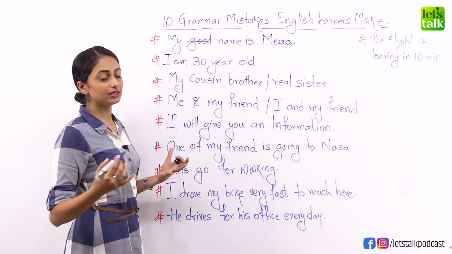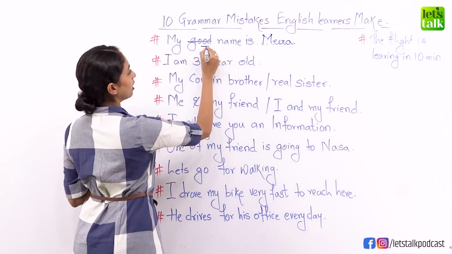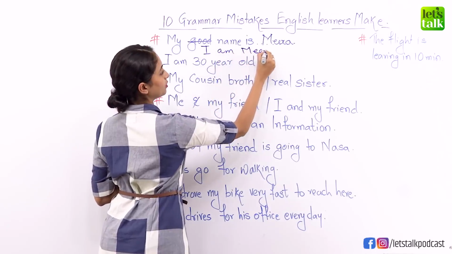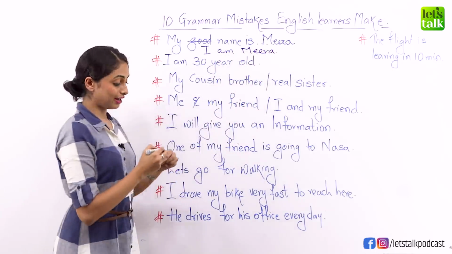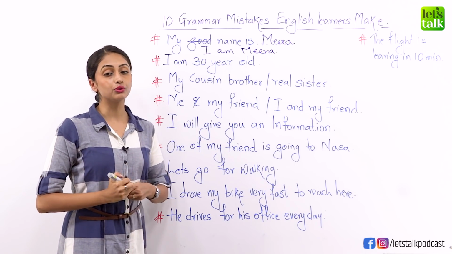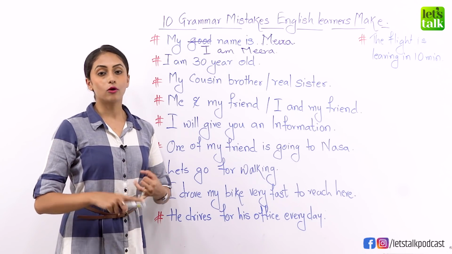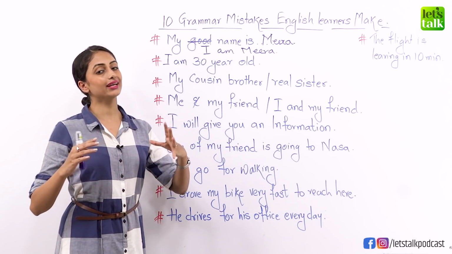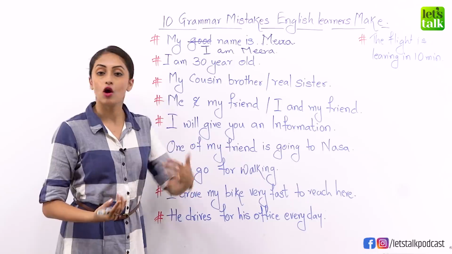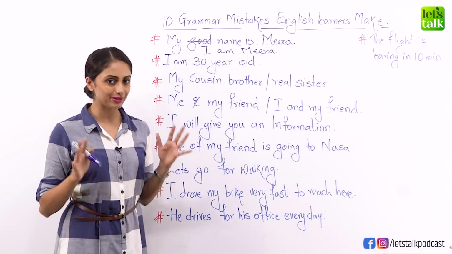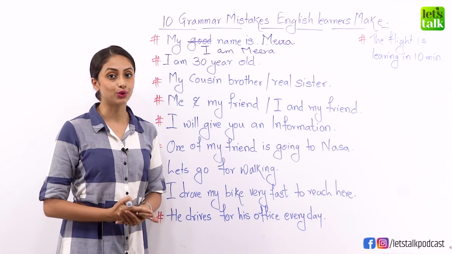Or just keep it simple and say, I am Meera. Simple. Now this, I don't want you to do, especially for people who are going for job interviews or placement interviews. Try and avoid introducing yourself on the phone or personally as my good name or myself. Keep it simple and keep it right.